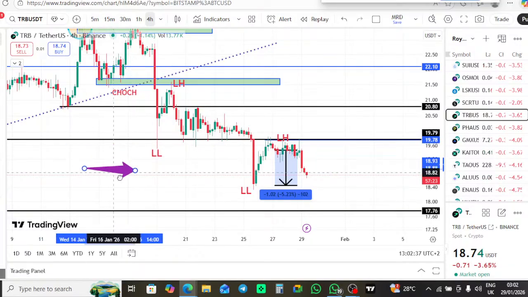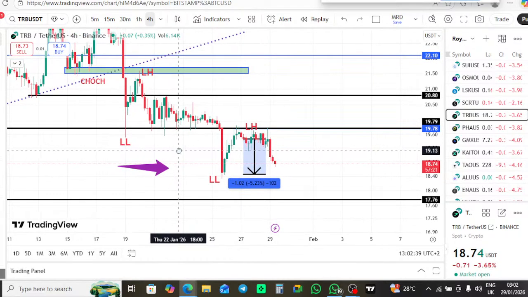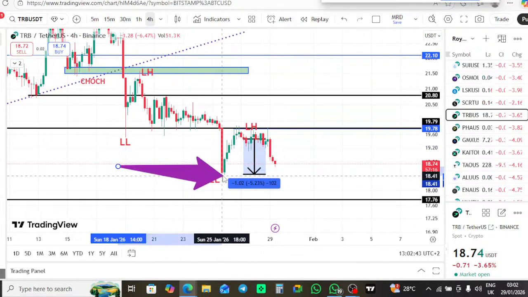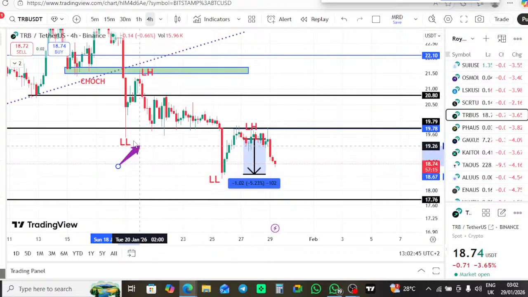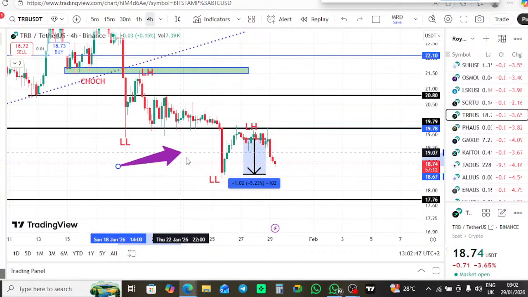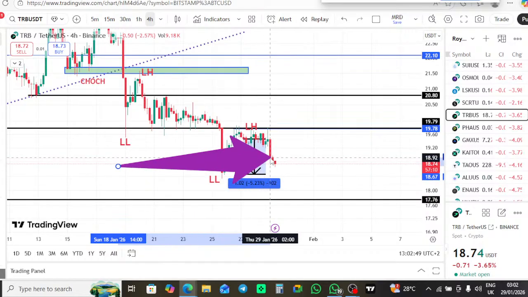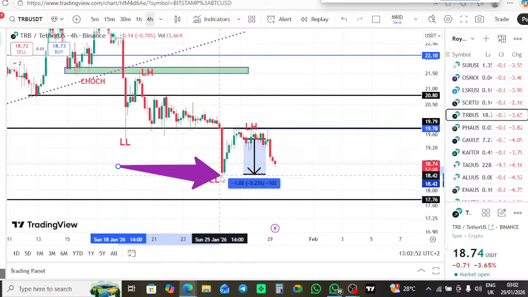You can use that approach, but the main reason here, it is this point. This was low number 1, lower low number 2, and now this market has to come back and take off this area. It will sweep out this week.